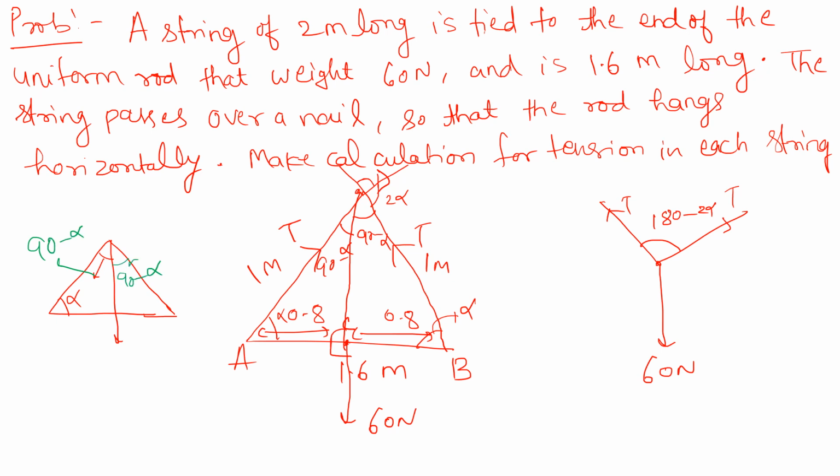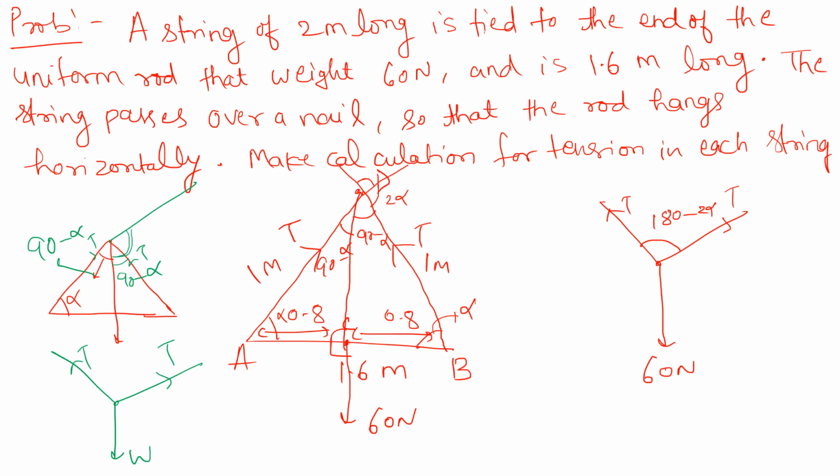Here it is a tension and here it is a tension, means this tension is going like this, and this tension going like this, and this is your weight W. If this is your 90 minus alpha, then you have to find the value of this angle.